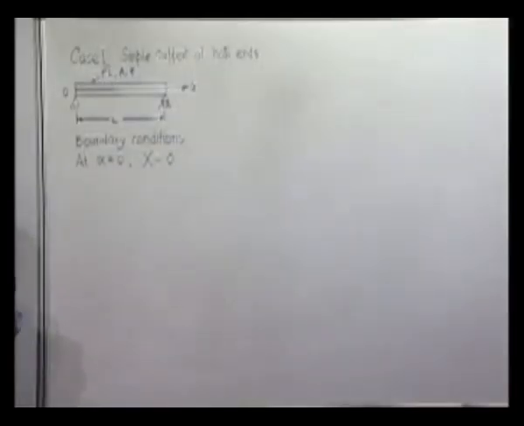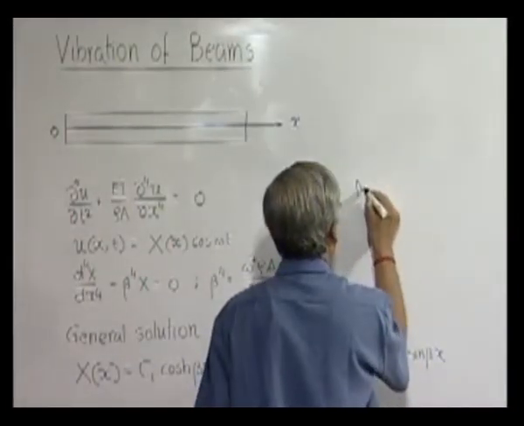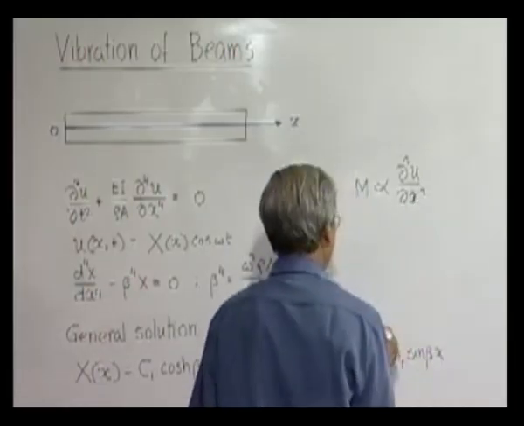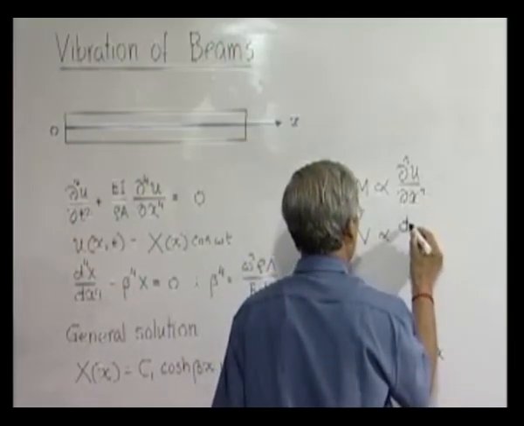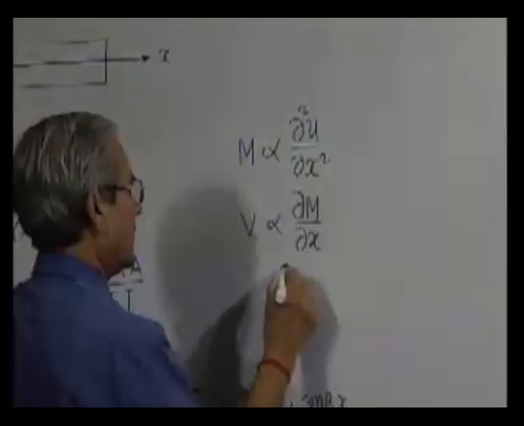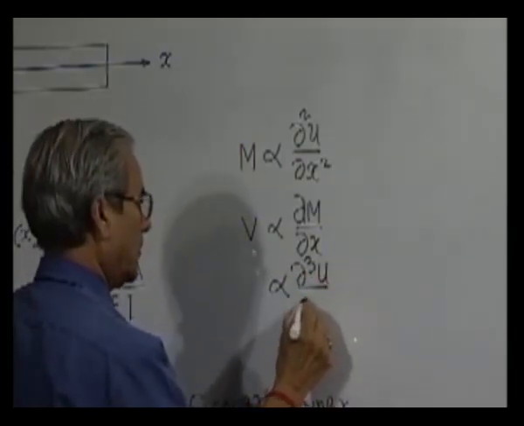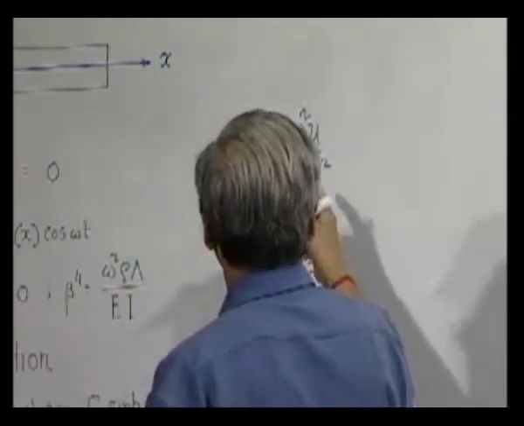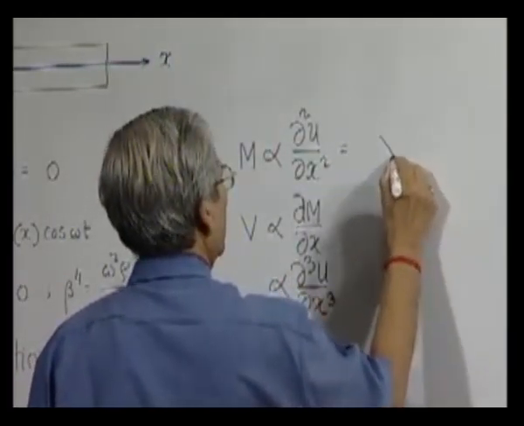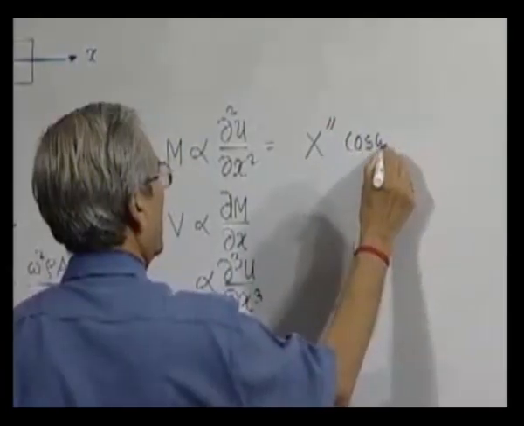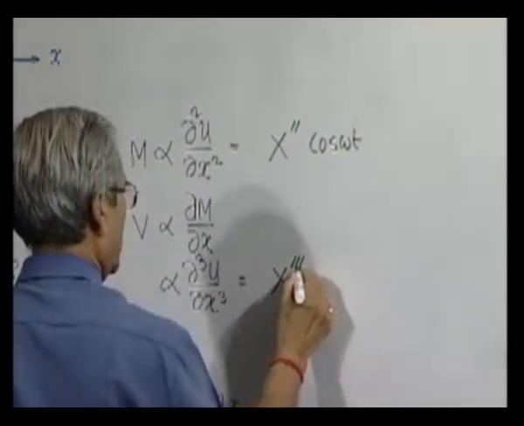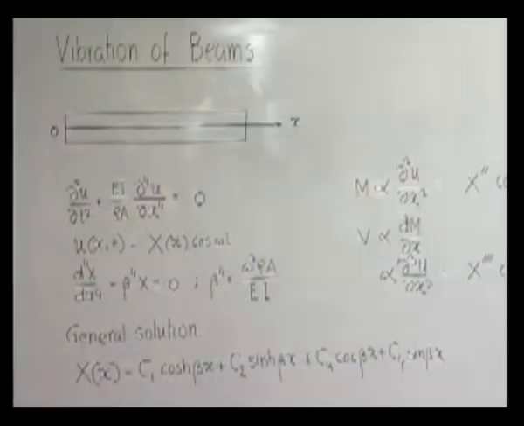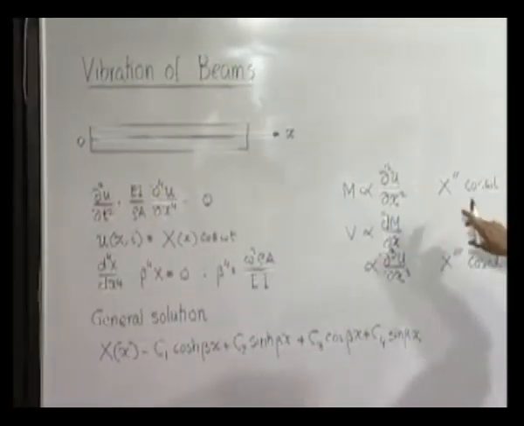Now, if we remember during the derivation of this, bending moment was proportional to, and V was proportional to, so therefore now del 2 U del x square when you are doing, so we can write this as, and this will be, so if M has to be 0 at all instants, so this term will have to be 0.